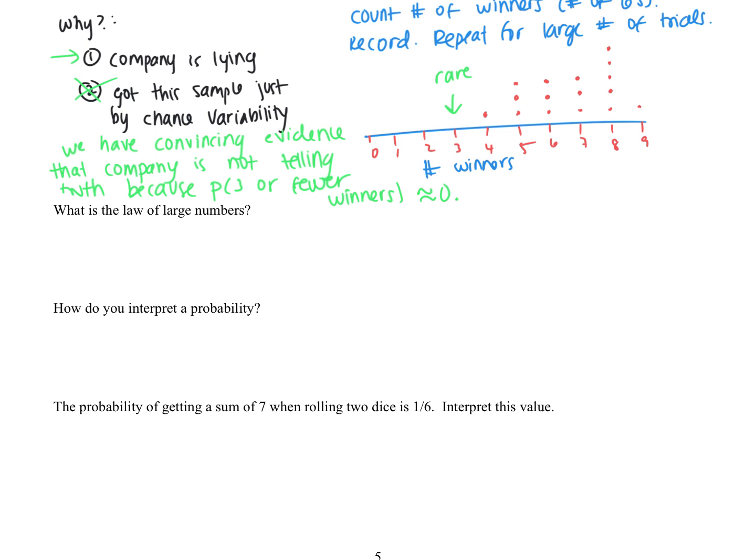Do you think our dot plot would be accurate if I did only 5 samples? Probably not. 10 would be better, right? 100 would be even better. 1,000 would be even better. That's the law of large numbers. Law of large numbers says, as the number of trials increases, the proportion of some event, our event being the number of winners, gets closer to the true probability.